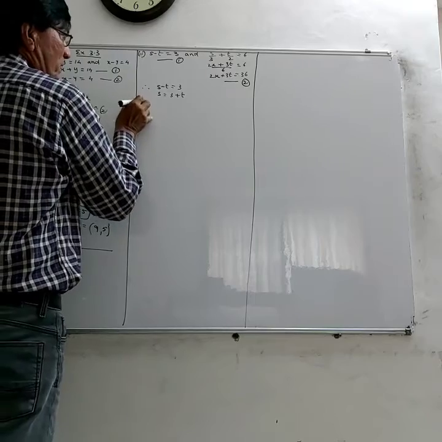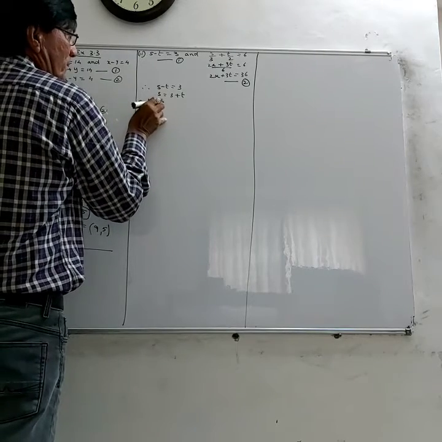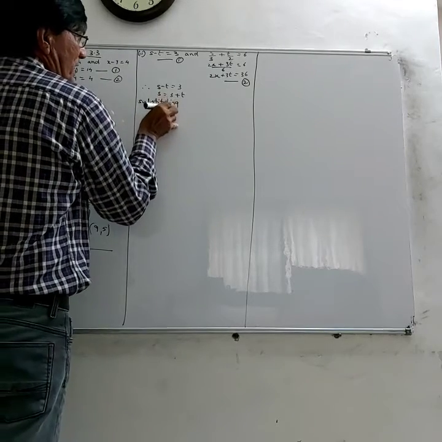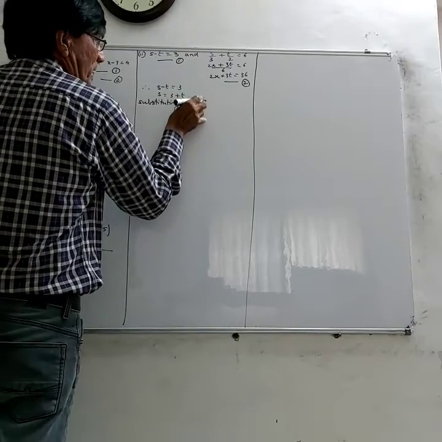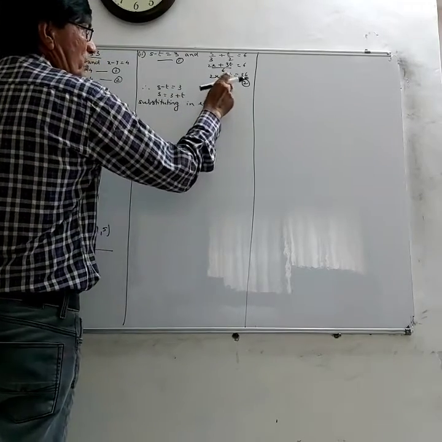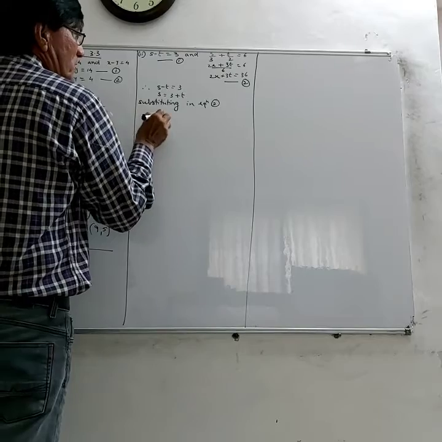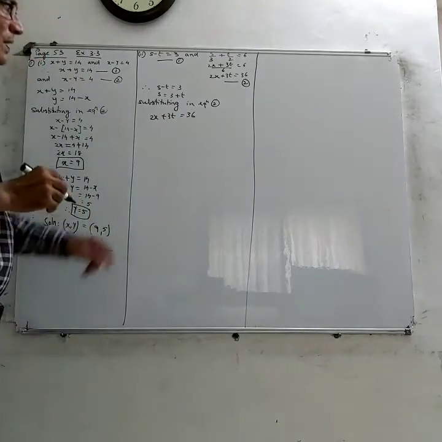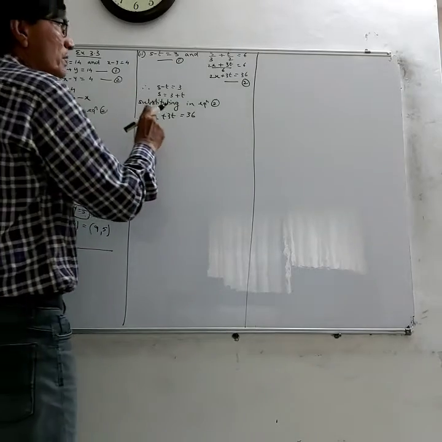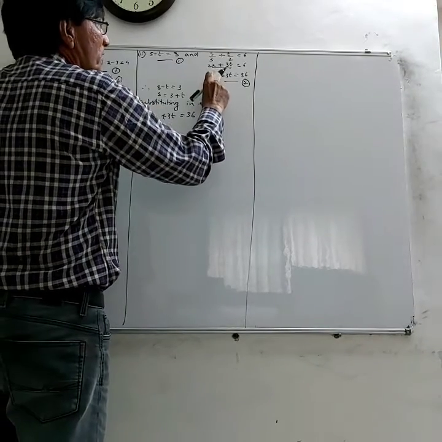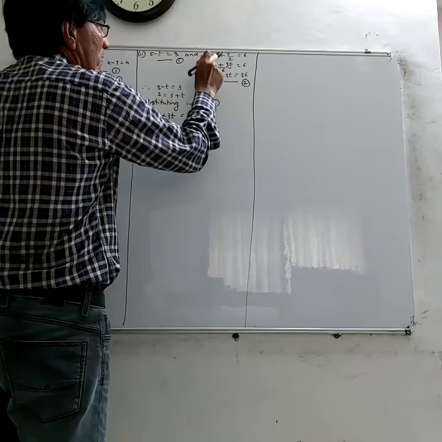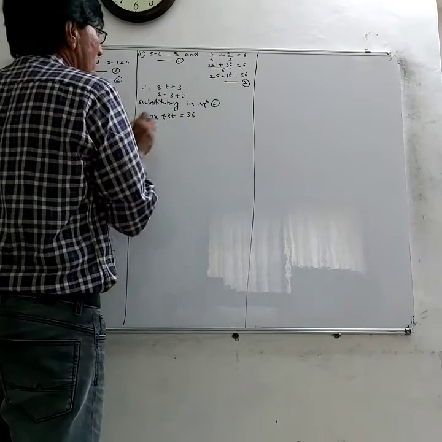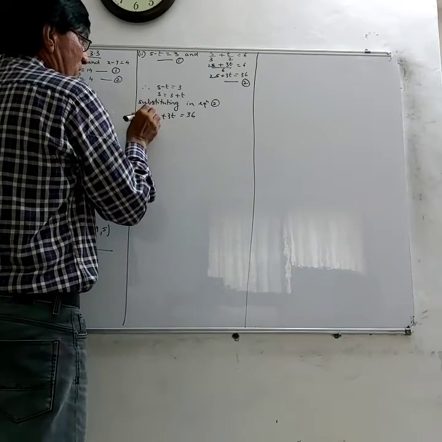Now substituting in equation 2. This is your equation 2: 2s plus 3t is equal to 36. But you can see this is s.